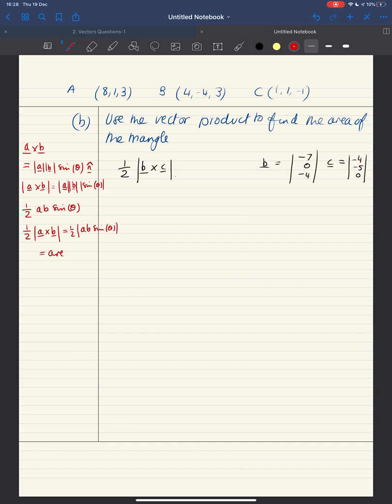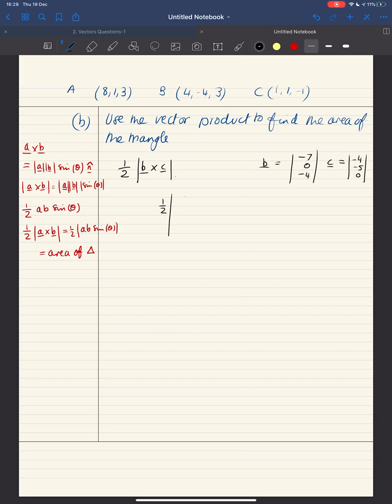So that's the area of a triangle, what you were told at GCSE. When you take the modulus of A cross B, it's the modulus of each part multiplied together.